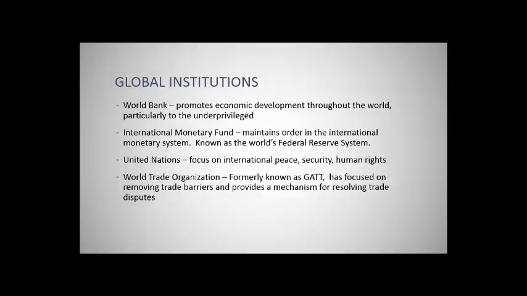The United Nations focuses on peace, security, and human rights, while the World Trade Organization, formerly known as the General Agreement on Tariff and Trades, has focused on removing trade barriers and promoting world trade and ways to resolve trade disputes between countries.